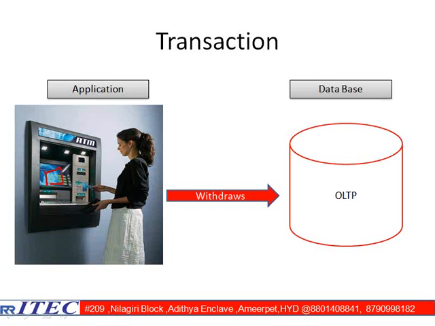Is it more or less? It also records how many 1,000 rupee notes, how many 500 rupee notes, how many 100 rupee notes I am giving to the customer. It is recording all of that somewhere. That kind of detailed data is really needed to run your business.